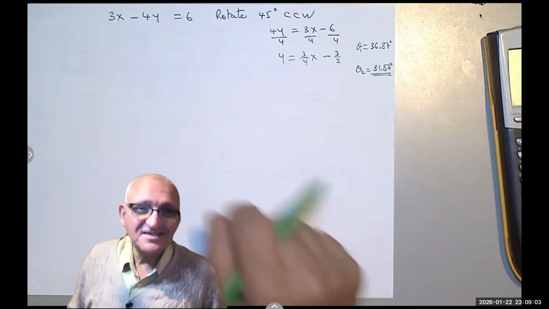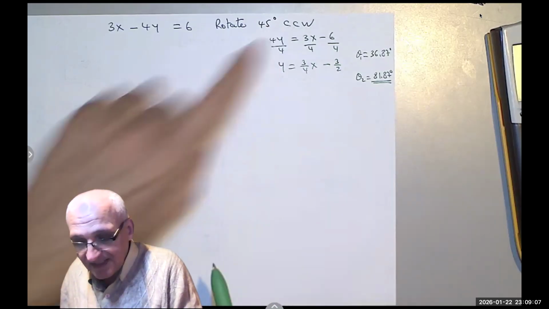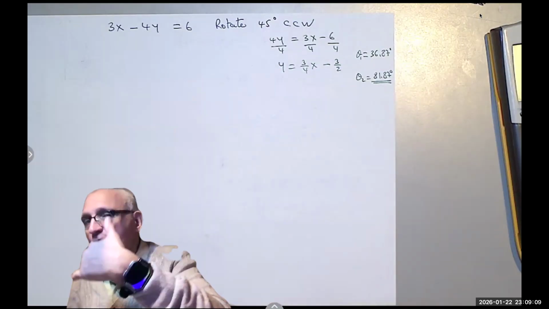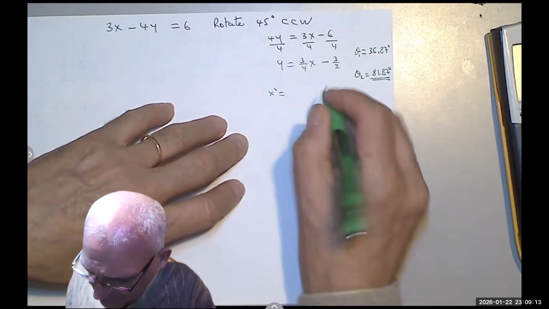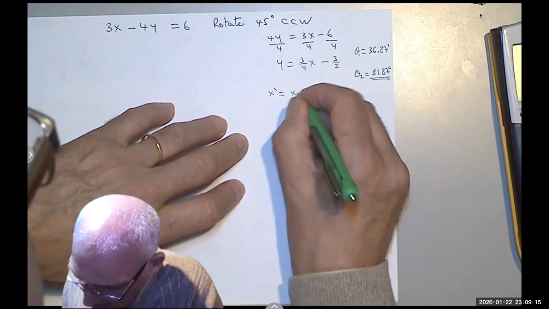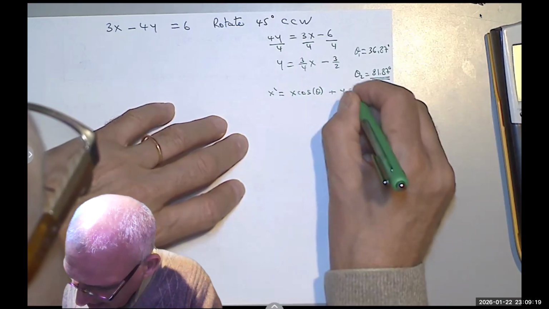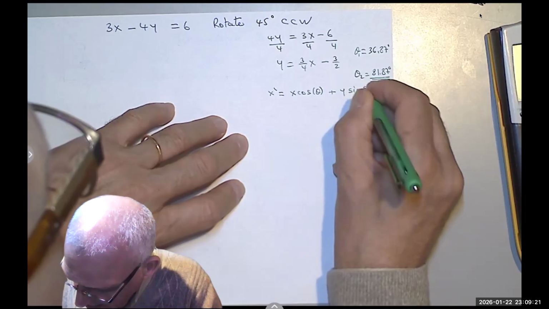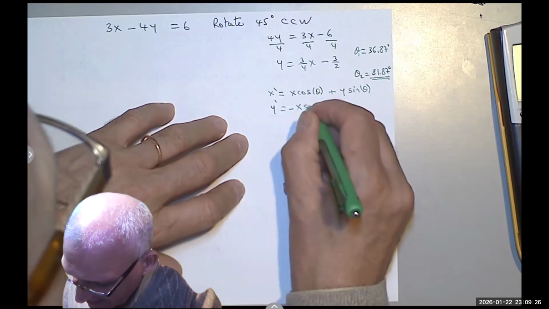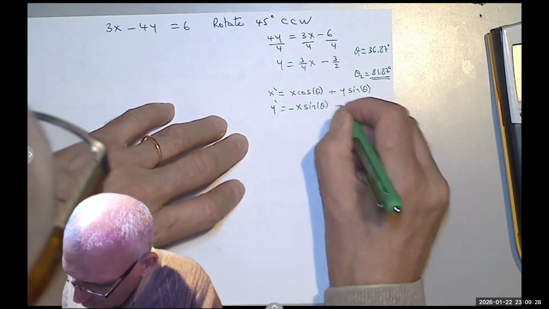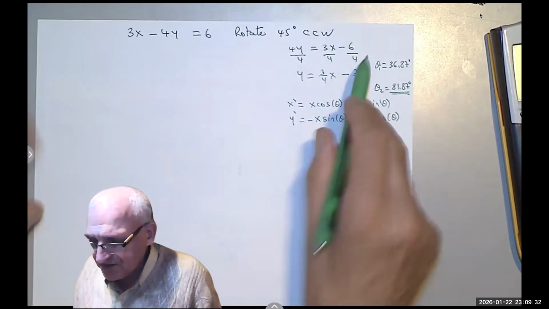Let's rotate this and see. Notice, here we are going to rotate the whole equation clockwise, meaning my x prime would be x cos theta plus y sine theta, and my y prime would be negative x sine theta plus y cos theta. 45 degrees, it doesn't matter.